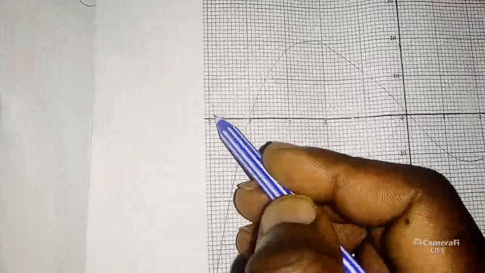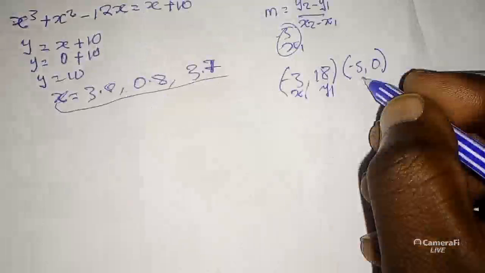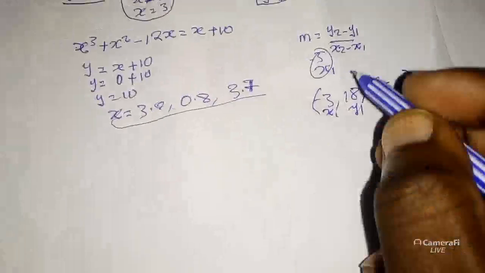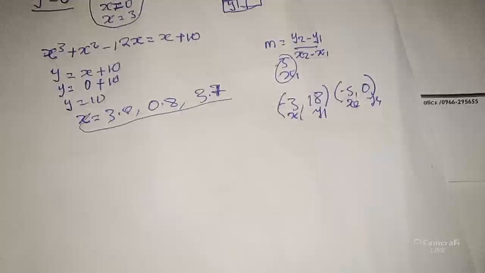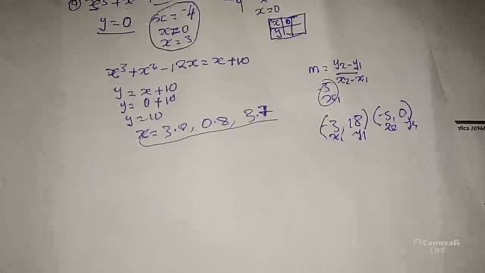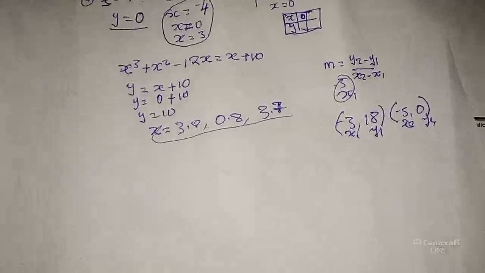Somewhere there. So I'll say this one is x2, this one is y2. I'll just replace everything there, then I'll find the gradient, and when I replace there, I'll write 0 minus 18.